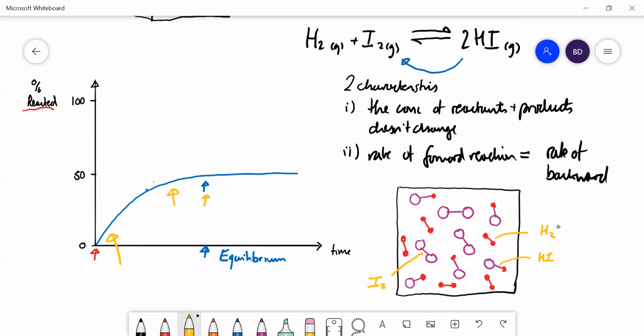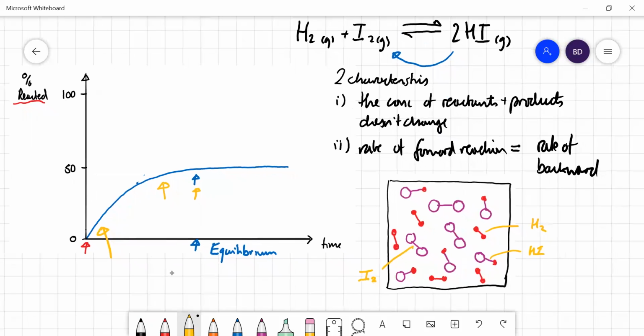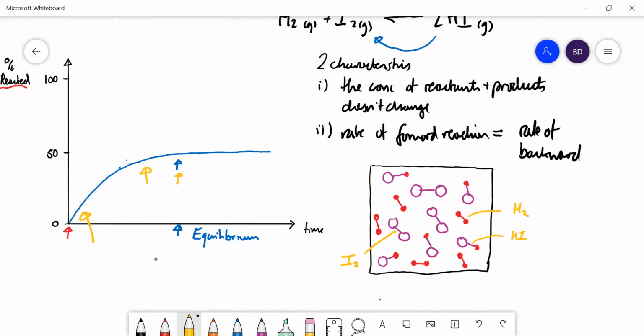But that hides the fact that constantly, although you have the same proportion of hydrogen there all the time, it's not the same molecules of hydrogen. There's different ones all the time. They're constantly changing. They're reacting to form hydrogen iodide, and the hydrogen iodide molecules are reacting together to fall apart and form iodine and hydrogen.